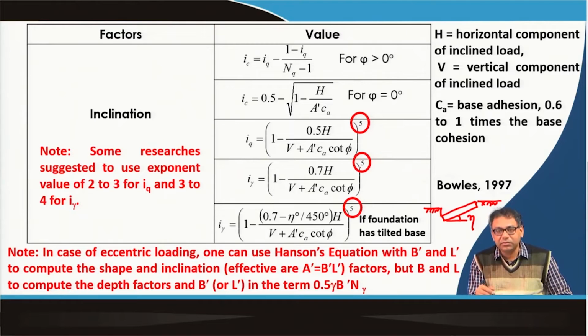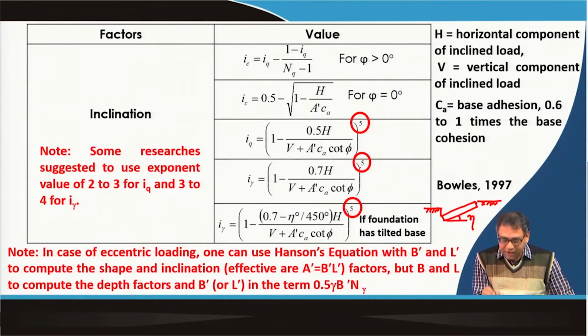And one thing is mentioned, in the original expression given by Hansen, this exponent was given as 5. Okay. So, later on many researchers have observed that this is a very high value. So, now they have suggested a lower value of this exponent, and that value is suggested as 2 to 3 for iq and 3 to 4 for i gamma.